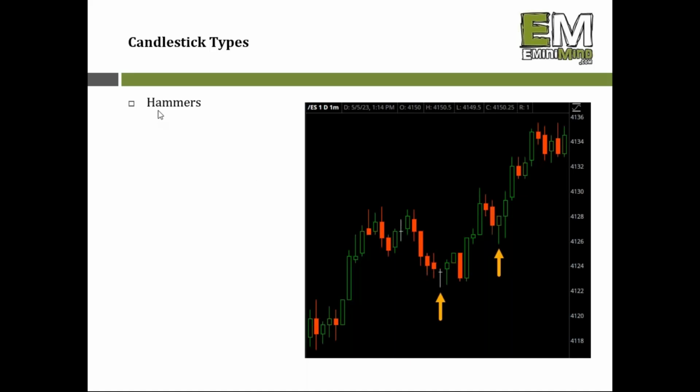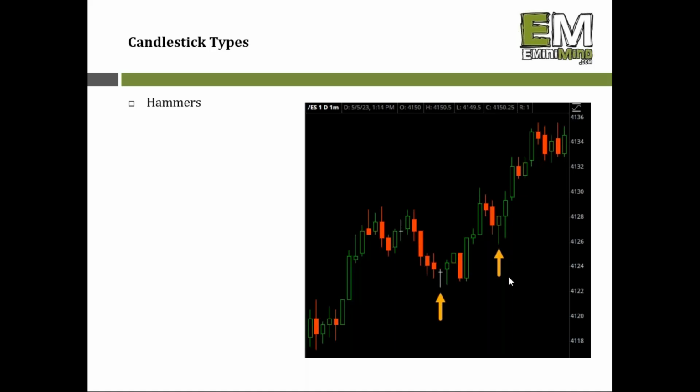So when we're talking about hammers, at the close of the candle, that hammer candle pattern is indicating that price sold off at some point in the middle of the bar, and then it was bought back up.